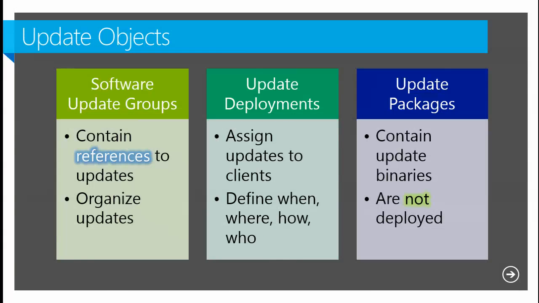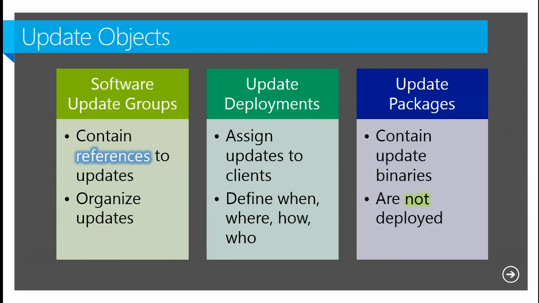So people see update package, right? So what do we do with packages typically? Software packages. We deploy them because that's what we've always done in Config Manager and SMS. Well, that's not what actually happens in Config Manager itself. The packages simply contain the binaries. We just saw that on the flow. And make those binaries available to the clients. The clients pull the update they need from any available package.